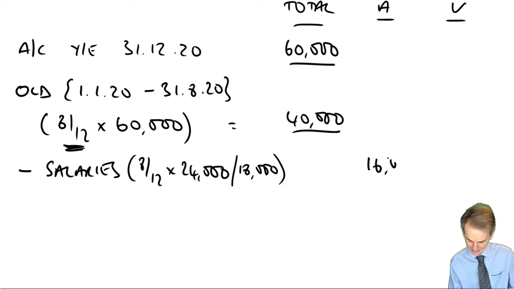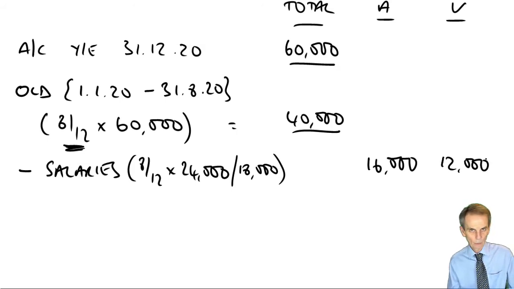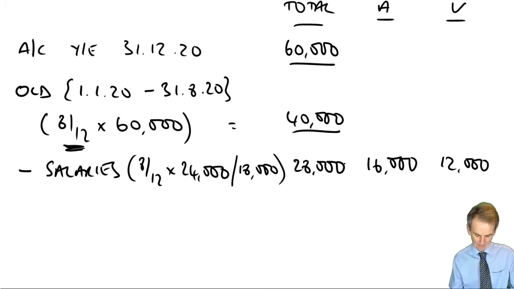So partner A gets credited with 16,000, and 8/12, 2/3 of 18 will be a further 12,000 credited to partner V. So in total, out of the £40,000 available profit to be split between the partners, we have credited so far £28,000 of that profit in the form of salaries.